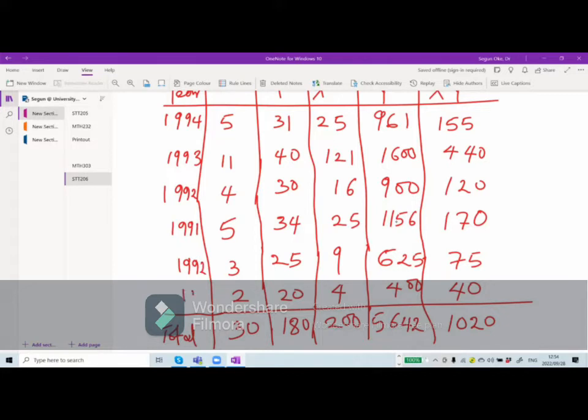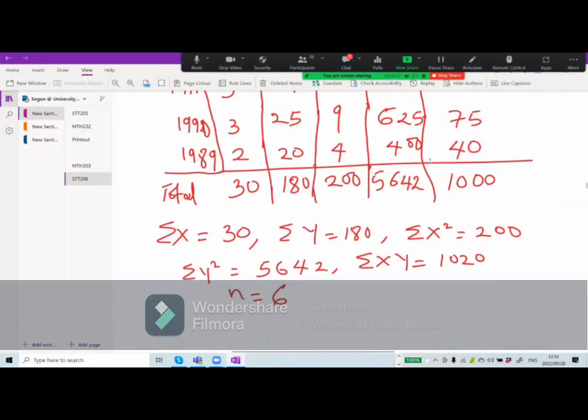The last one is... There's a mistake there, sir. Summation XY should be 1,000. Okay, good. Thank you. That is why I say everybody should punch your calculator. It's good, at least you are all doing it.